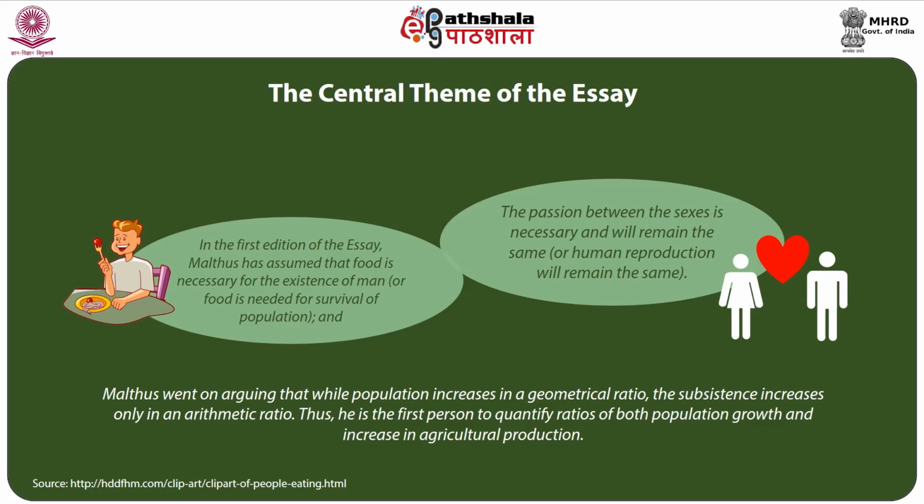After accepting these two natural laws, Malthus went on arguing that while population increases in a geometrical ratio, subsistence increases only in an arithmetic ratio. Thus, he is the first person to quantify ratios of both population growth and increase in agricultural production. His arguments were further modified in the sixth edition of his essay.